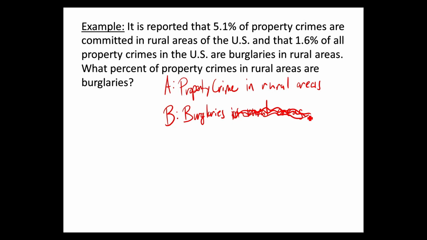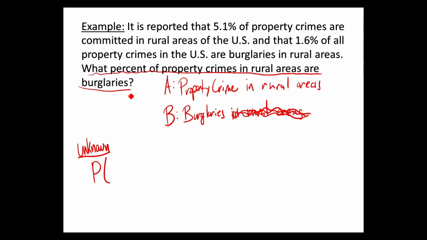So what's the actual unknown? How do you write the unknown as a probability statement? Boom. This is what we're trying to get, right? You want A and B together, right?